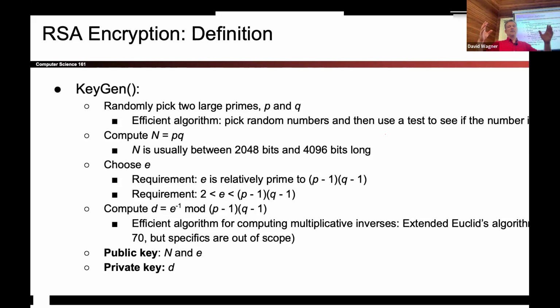And then Alice's public key are n and e, and the private key are d, and maybe p and q. And given n and e, it's believed to be hard to compute or guess or infer what d would be. And then for encryption and decryption, we're going to use these numbers in the public key and the private key in a way I'm going to show you in just a moment.